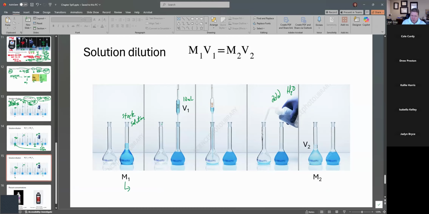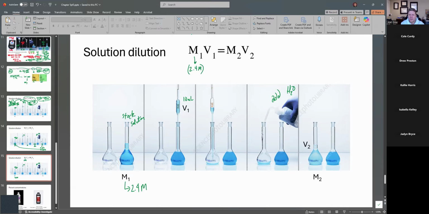But let's say that our stock solution had a concentration of 2.4 molar. Don't get caught up and think, oh, well, that's 2 moles per liter. Don't get hung up on that. It's 2.4 molar. I'm going to put that number right here, and the units in parentheses. So that is M1, our stock solution.